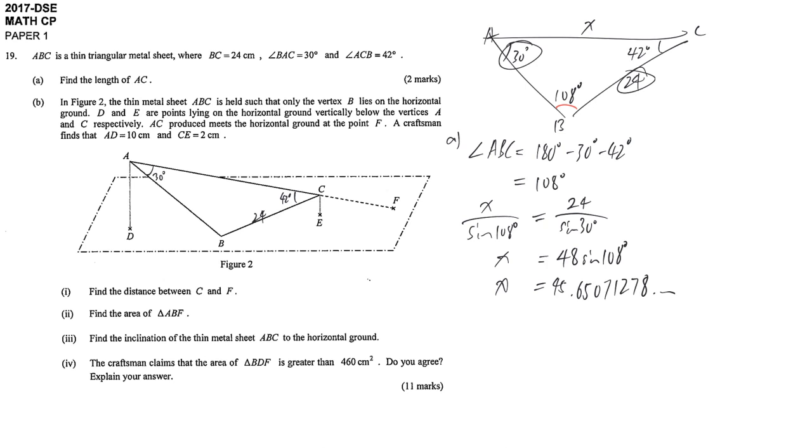Write down as many digits as you can. Even if you forget to store it in the memory slot, you can still use this value. That's why AC is equal to 45.7.